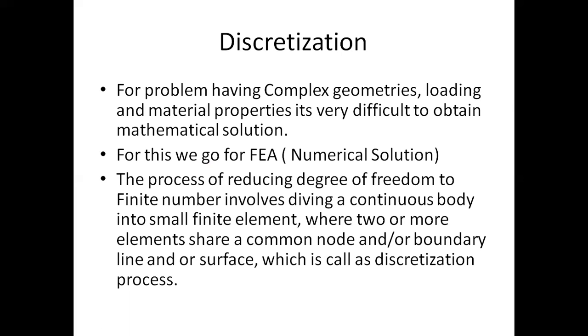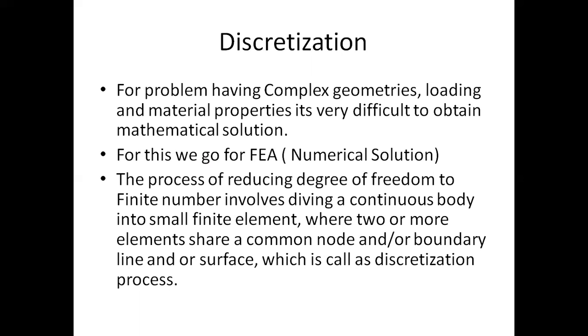FEA is finite element analysis. It converts the whole body of complex geometry into small pieces of the body, and these small pieces are called finite elements. This is the conversion of the whole body into small elements.